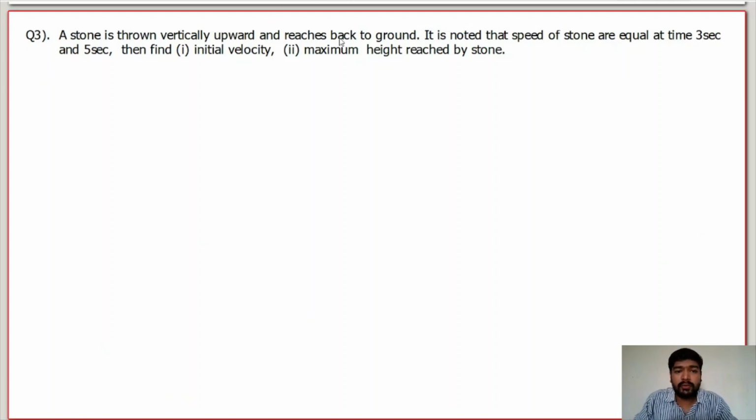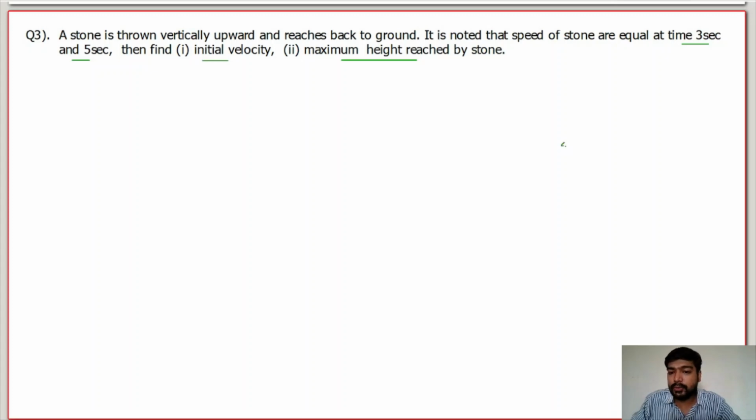Here, the stone is thrown vertically upward. It is known that the speed of the stone is equal at time 3 seconds and 5 seconds. Find the initial velocity and the maximum height reached by the stone. Same thing we have to calculate, and the same case is there.